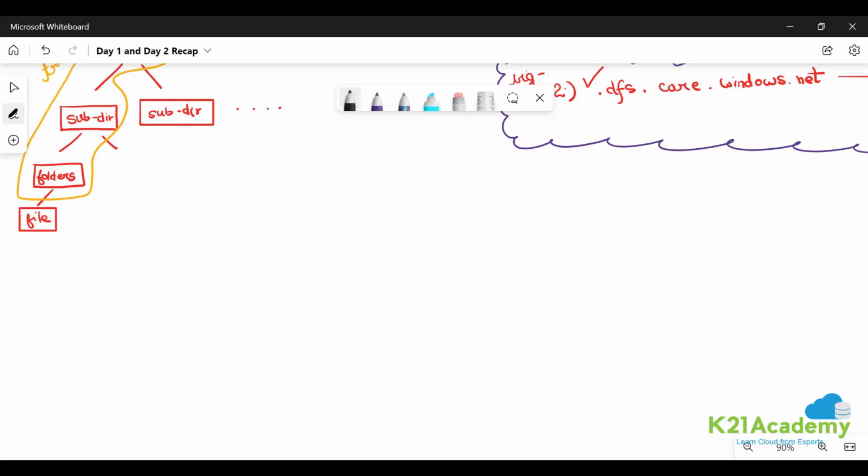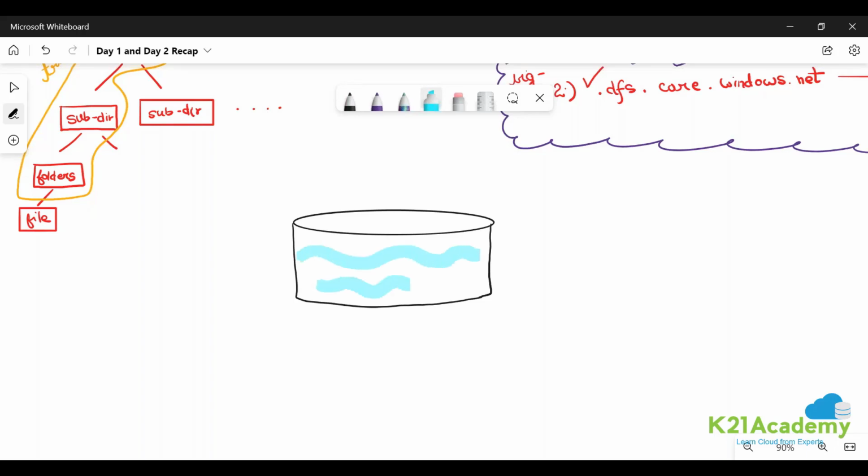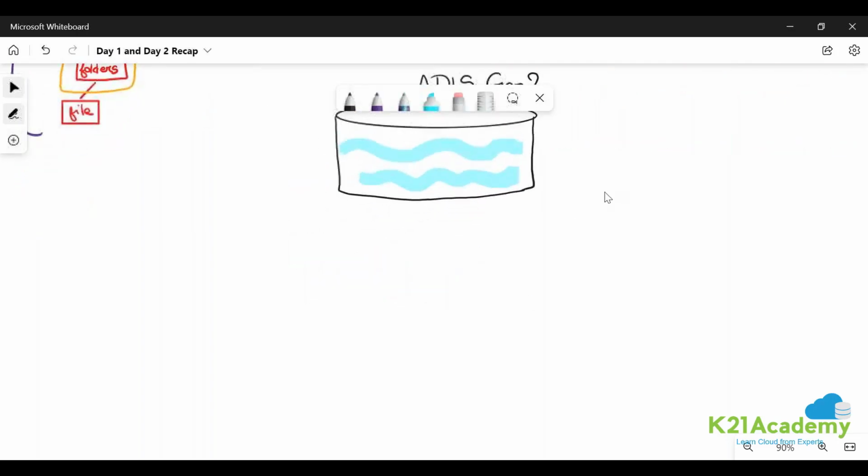So the question that arises is, are there any drawbacks of a lake? Right? So lake is required, and this is how we depict the lakes in our diagrams. So ADLS Generation 2 service, Azure Data Lake Storage Gen 2. Are there any shortcomings of this?